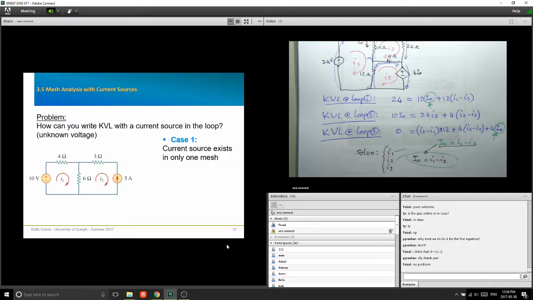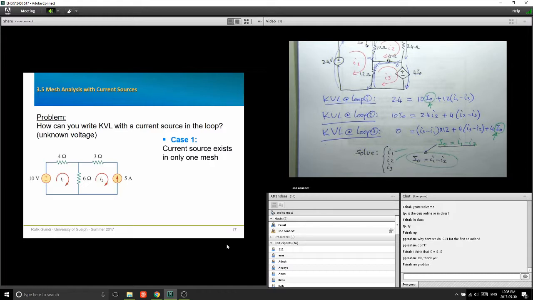You have a current source in only one mesh, which is the second mesh. And when you have a situation like that, then the solution is already given, because look at this current, small I2. If this is the current small I2, what relation can you draw between small I2 and the 5 amp current source? Exactly. I2 is equal to negative 5 amps, okay?